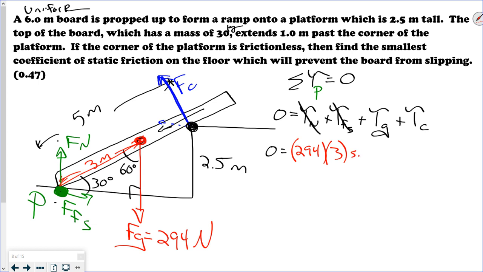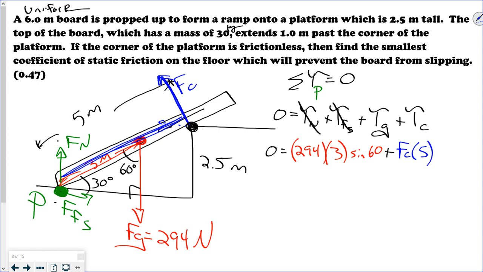So times the sine of 60 degrees. Plus the torque provided by the corner. That's our unknown. So the lever arm for our corner is 5 meters, right? 6 meters minus the 1 that's hanging over. So it looks like force of corner times 5.